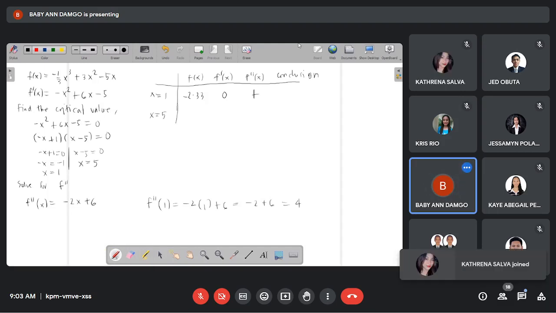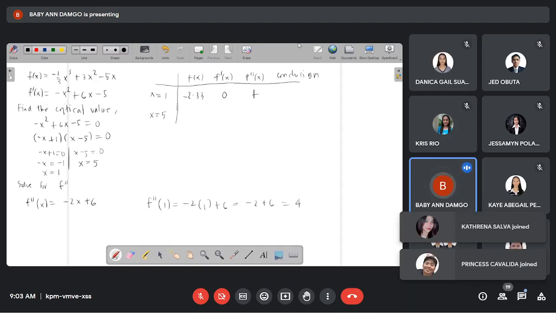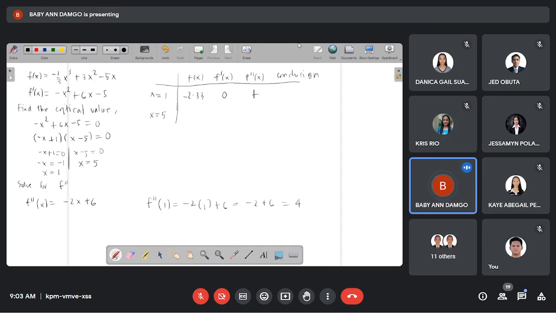So we have negative 125 plus 150 over 3, which is equal to 25 over 3, which is approximately 8.33. So f prime of x is 0, so this is a critical value.